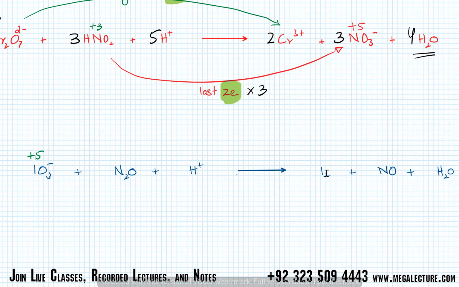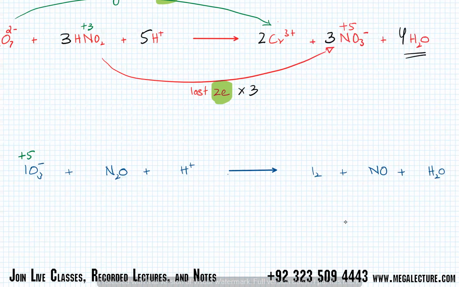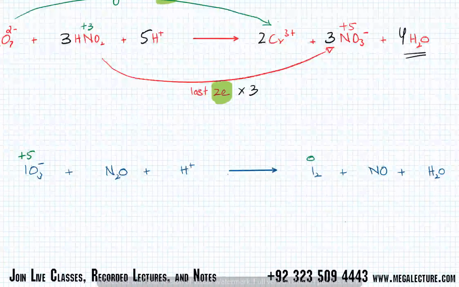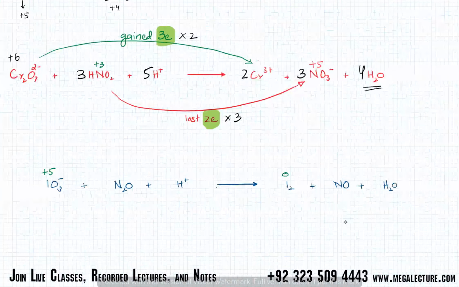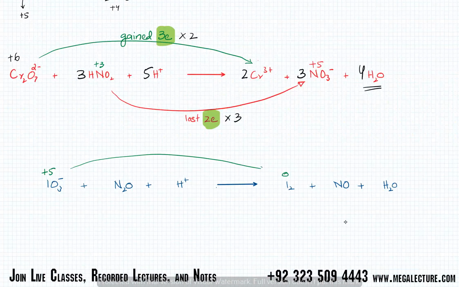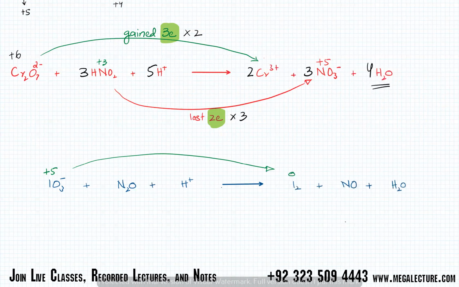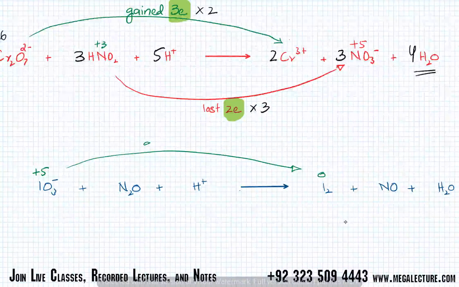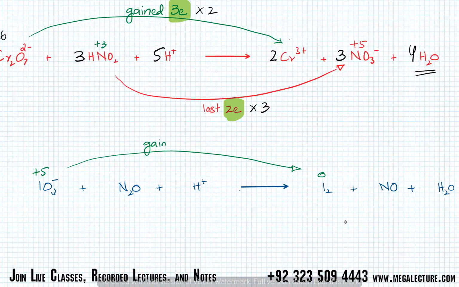It's a neutral element, right? So that one is 0. So that means iodine is the one that ends up gaining 5 electrons. Okay, is this clear?